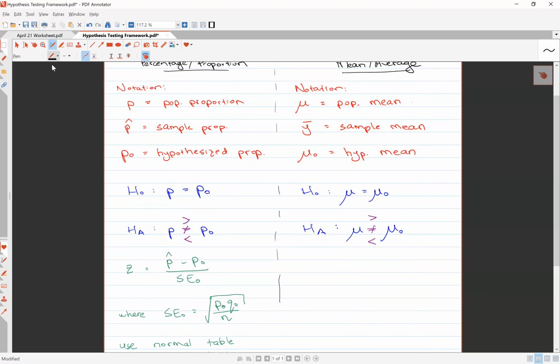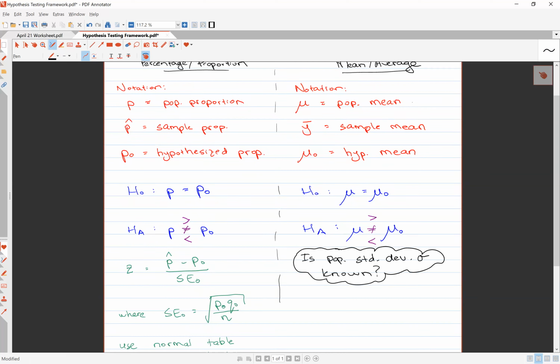Now, here there is a fork in the road. Because you have to determine whether the population standard deviation sigma is known.